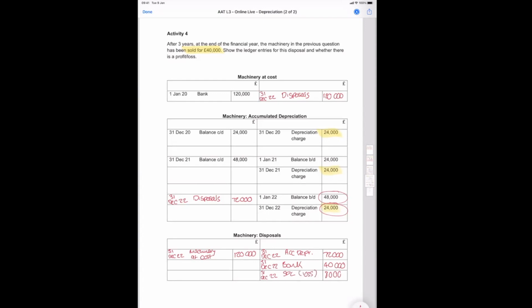on this disposal. So if the difference sits on the credit side of the disposals account, it means you've made a loss. If the difference falls onto the debit side of the disposals account, it means that you've made a profit. Okay. The idea is, and depreciation is always an estimation, but the idea is to get as close to zero as possible.